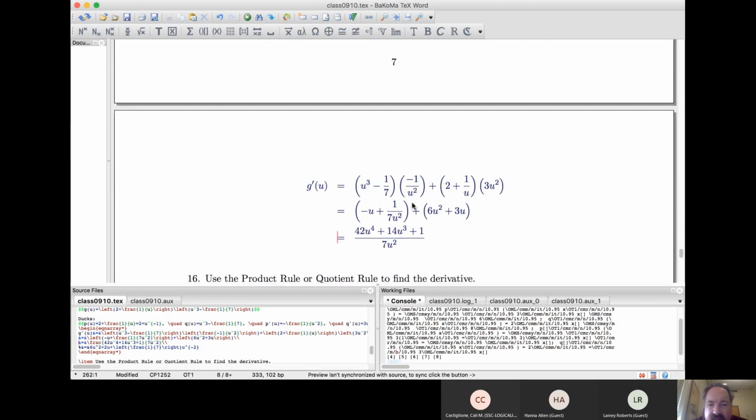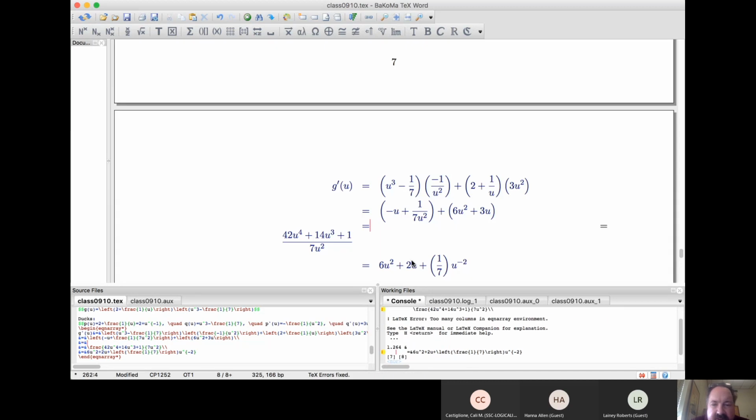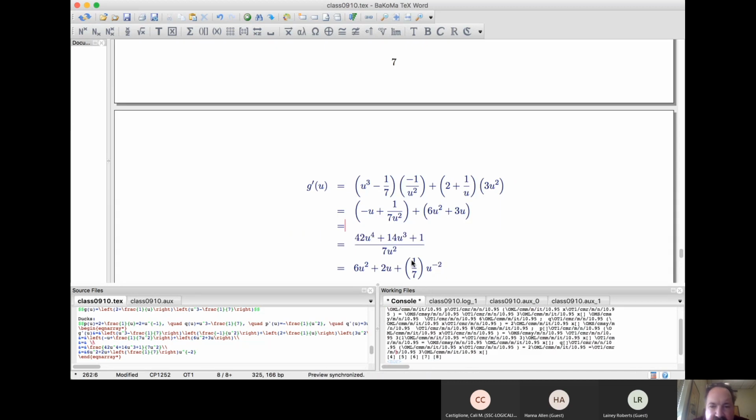Okay. So what's done here is I'm going to also add an intermediate step, to see how you get from one to the other. Because here we have a denominator of 7U squared, and there's no other term with a denominator. I'm going to combine like terms too.